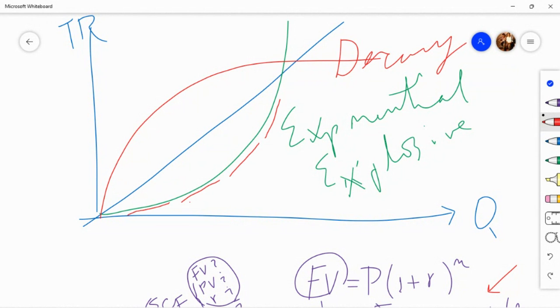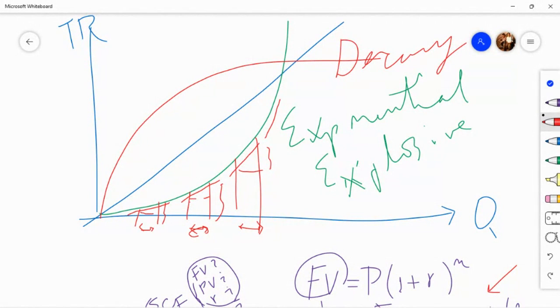That means, for the same magnitude of change in the horizontal axis, look at the vertical growth.